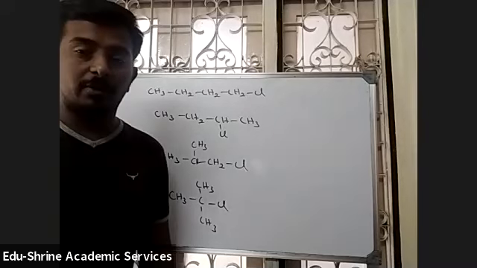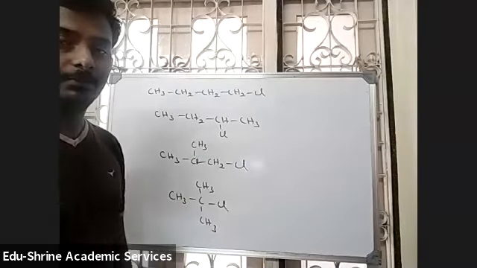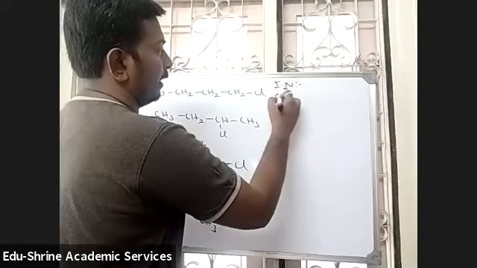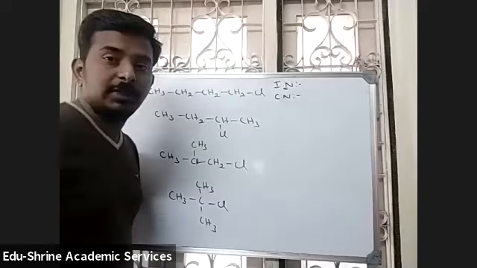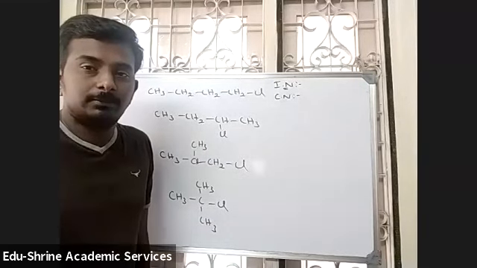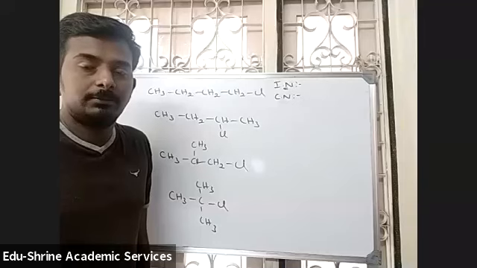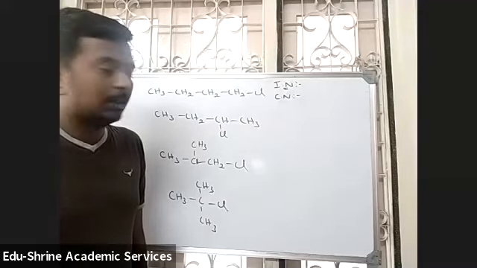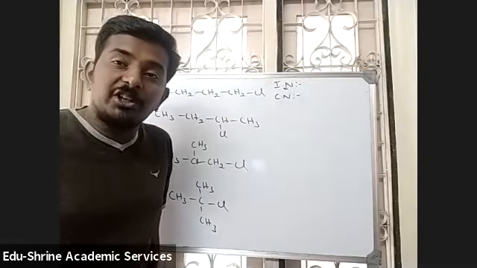Write the IUPAC names as well as common names for all these compounds. First one, IUPAC name and common name. What will be the IUPAC name of this compound? Just chlorobutane, or do you need to mention the position?